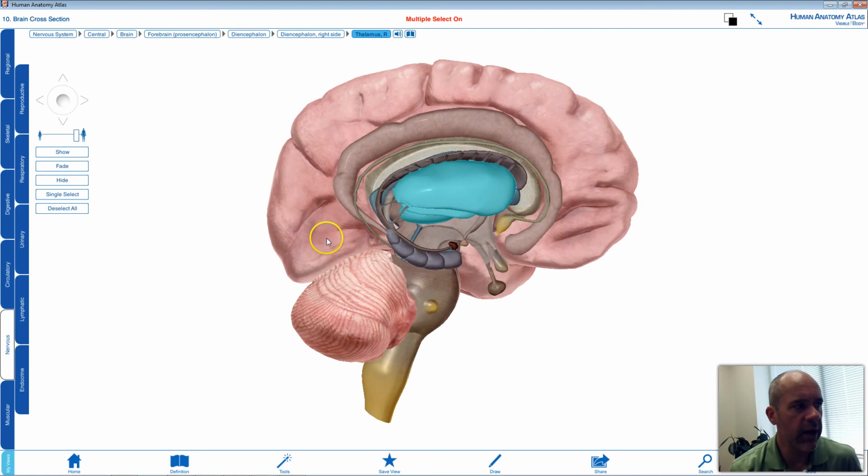Okay, continuing on, I'm actually going to strip away some of those things we were looking at earlier, including the thalamus. Okay, so those have been stripped off. And so we're taking a lateral view deep inside the diencephalon. So another area of the diencephalon that's really important is called the hypothalamus.